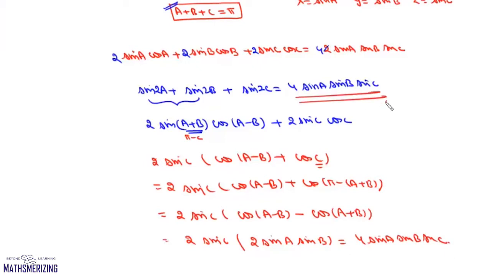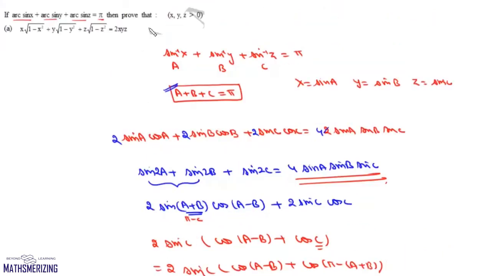So this question is actually a conditional identity question. It is just that they have asked the question in inverse trigonometric form.